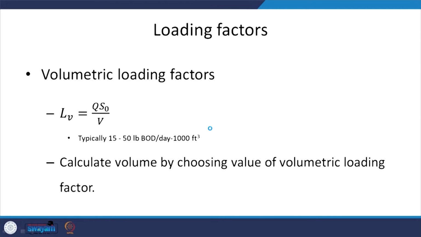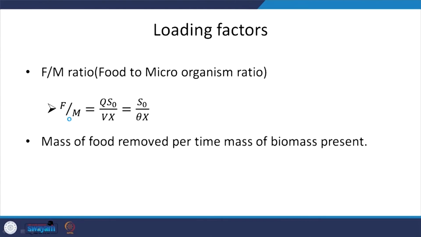Let's move on. So volumetric loading: this is the mass of the waste, or the substrate, the microbes' food, that's coming in. You can calculate the volume by choosing the value of the volumetric loading factor. We will not look at this.